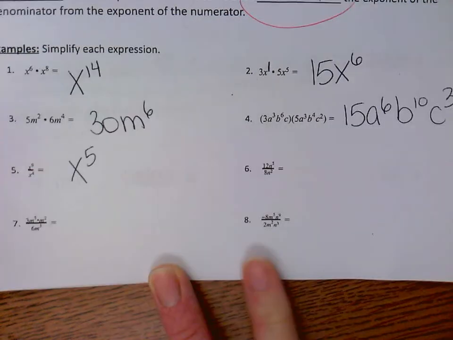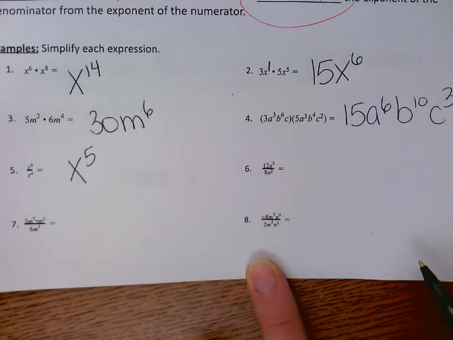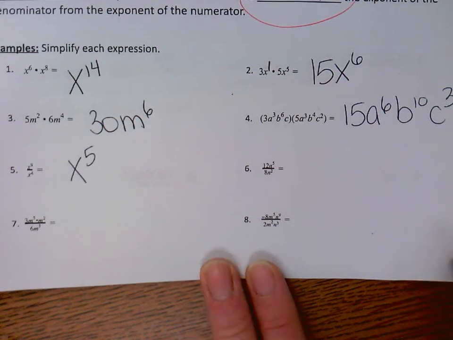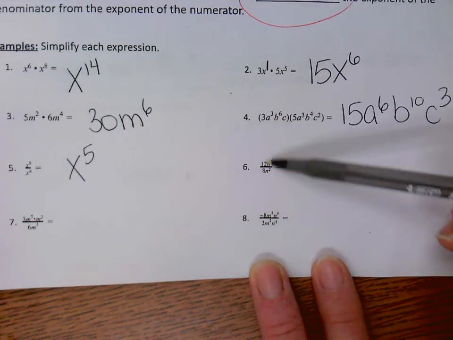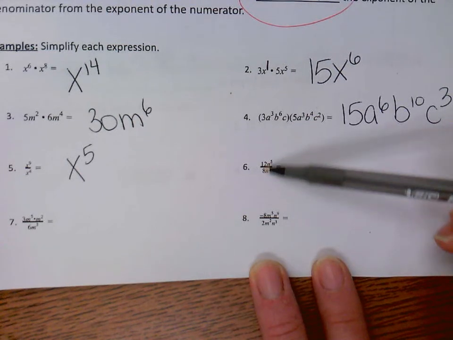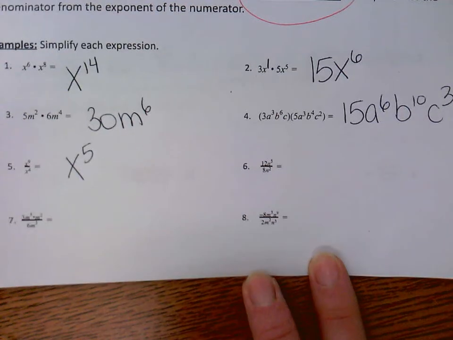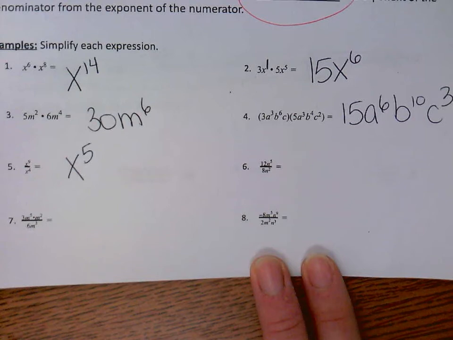On number 6, I've got a 12 over 8. 12 over 8 can be reduced as a fraction by dividing the 12 and the 8 both by 4. Remember how to reduce fractions? Find the greatest common factor and divide it out. If I divide by 4, I would have 3 over 2 as my fraction.